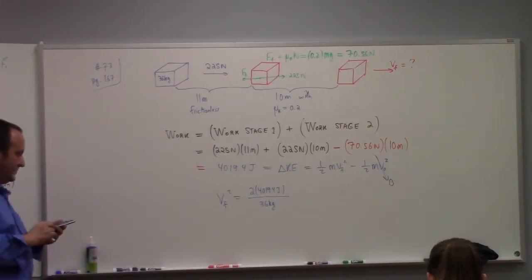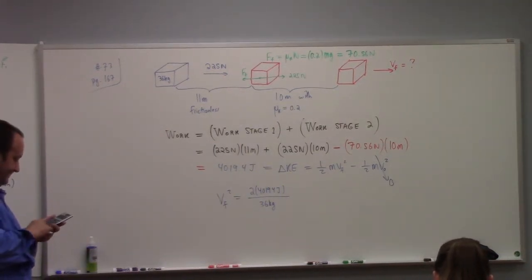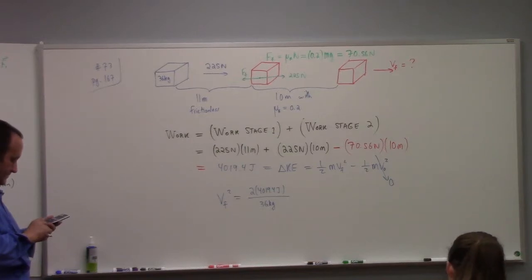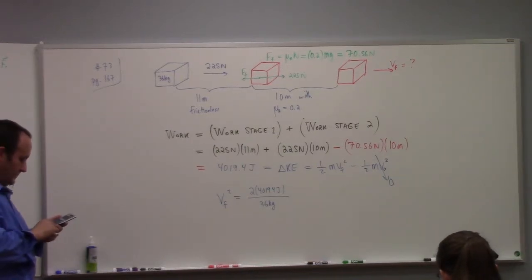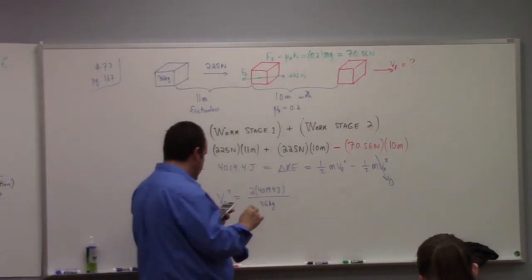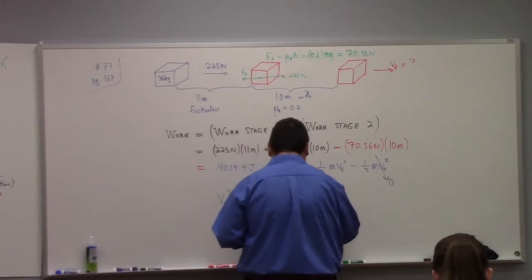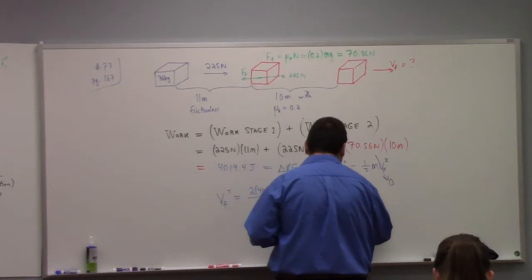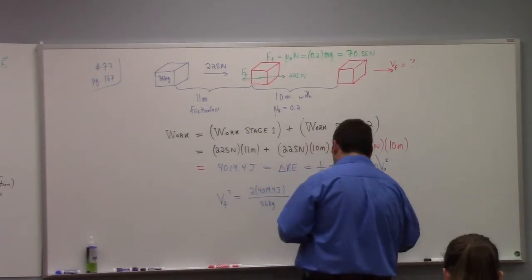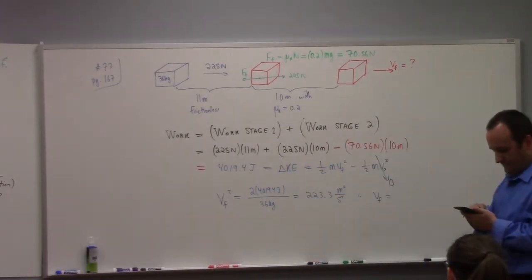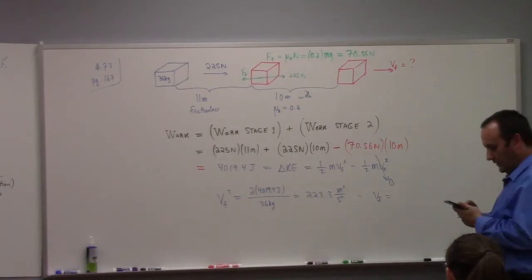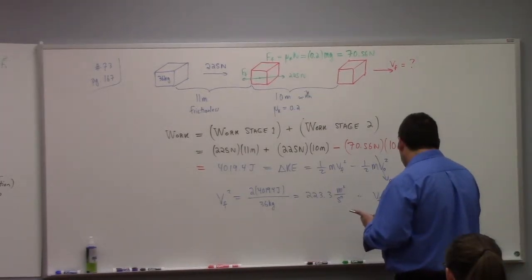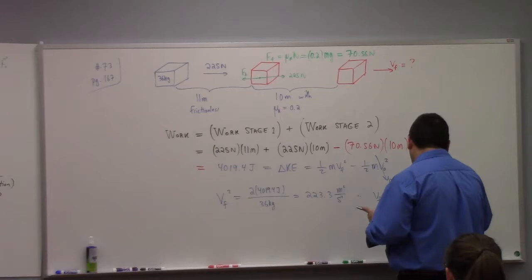Solving for Vf squared, I get 223.3 meters squared per second squared. Therefore, the final velocity is 14.94 meters per second.